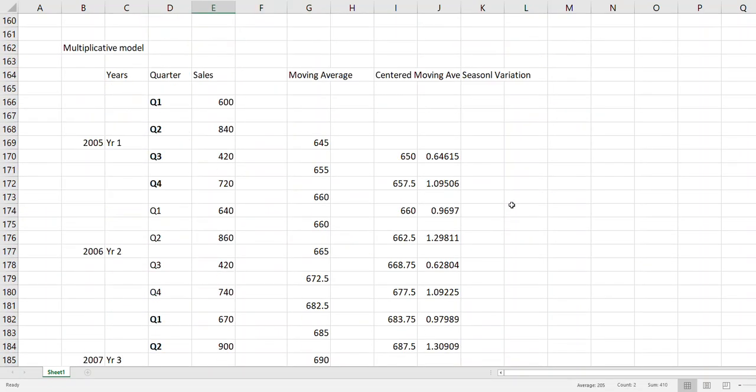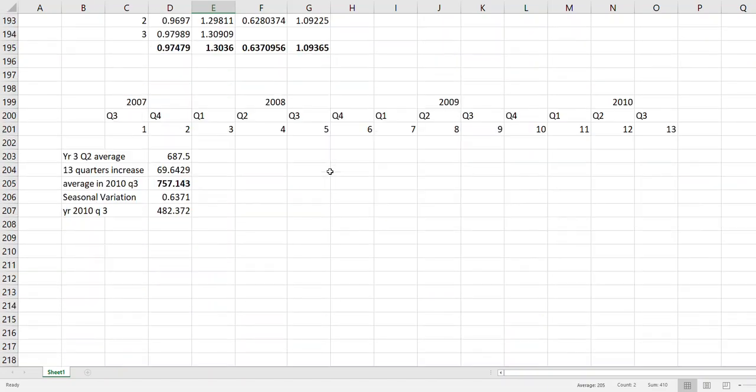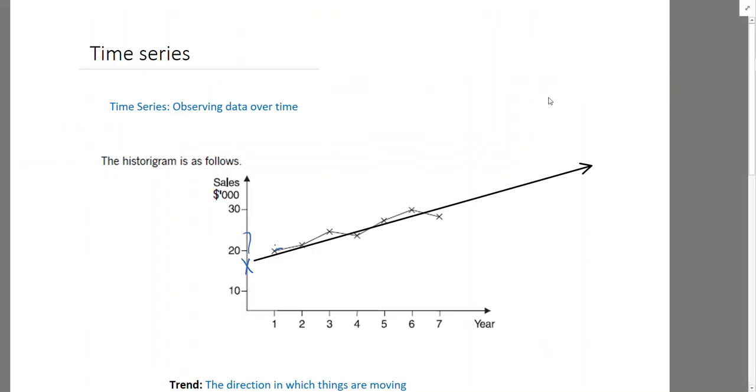So multiplicative model is superior because as a percentage, when sales increase overall, seasonal variation will increase and decrease as well. But as a percentage, they will remain the same. Okay, so this is done as well.